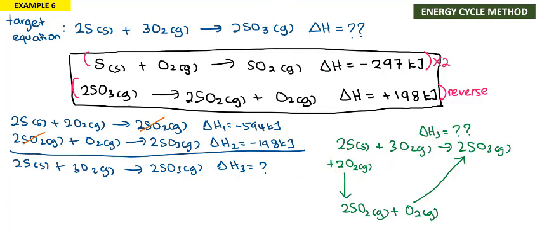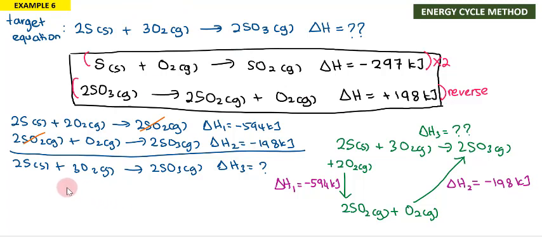Then I'll label the enthalpy change for the first reaction, delta H1, which is equal to negative 594 kilojoules. And here is my delta H2 for the second reaction, which is negative 198 kilojoules.